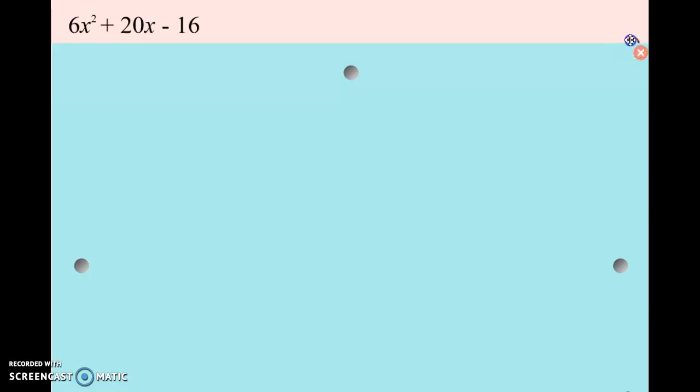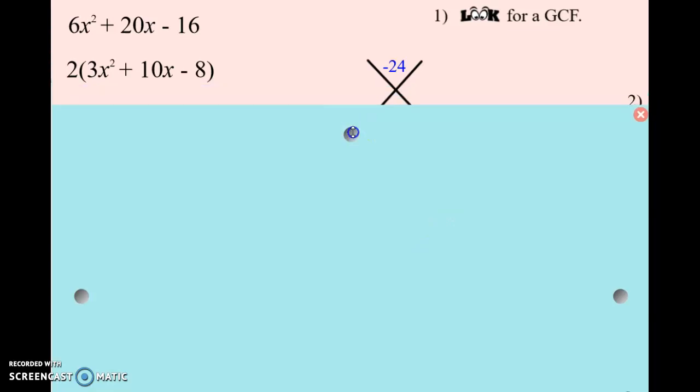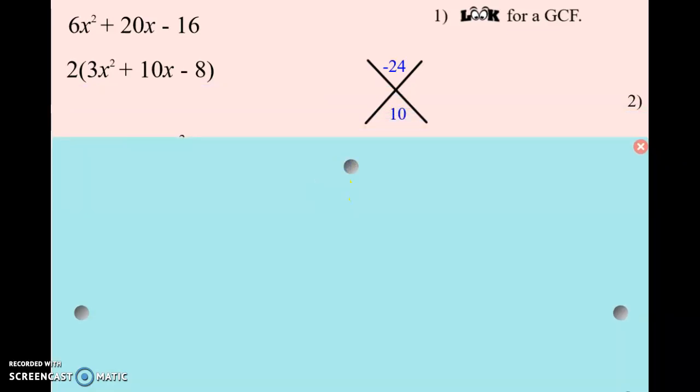Start again. Look for a GCF. 6x squared, 20x, 16. Share a factor of 2. I factor the 2 out on the outside, but now remember that that has to stay with the problem the whole way through. Find the two numbers that multiply together to get a negative 24, but add together to get a 10.